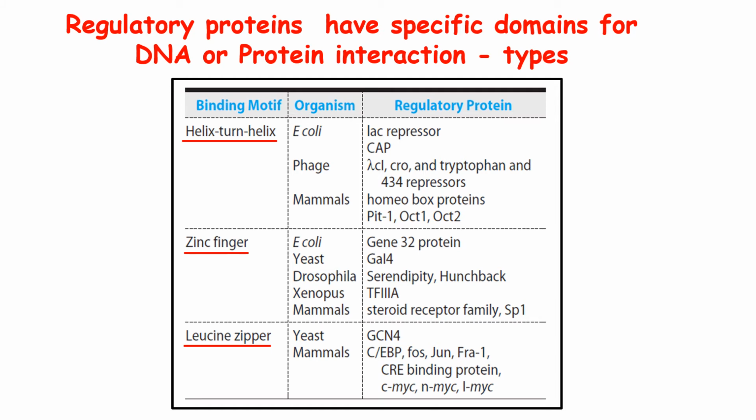These are present in yeast and mammals. The common examples of regulatory proteins having leucine zipper are FOS, GCN, CRE binding protein, and MYC. We will now be discussing these domains individually, and in addition to these, some other few examples.